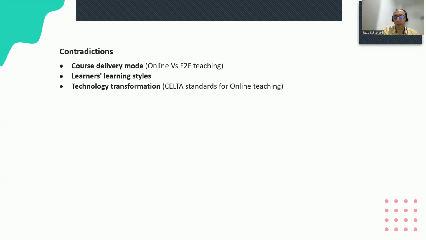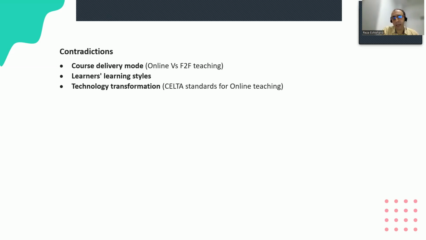So the number one problem was that it is not easy for candidates to identify students' learning styles online, because the level of interaction and communication, during the course that I observed, didn't let them identify students' learning styles. So this is one side of the problem.